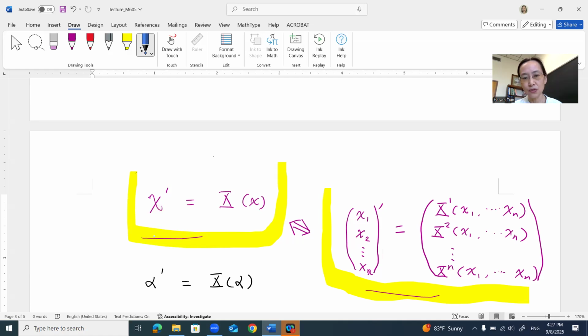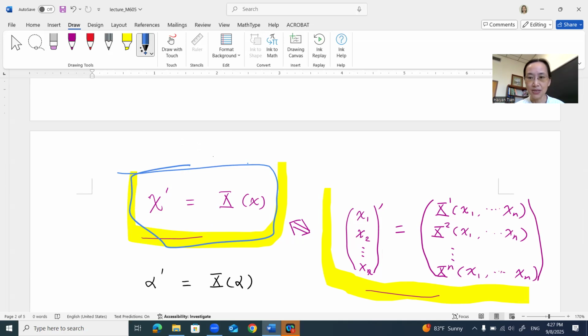Alpha also has to be in the domain of the capital X. Otherwise, this alpha does not make the problem a meaningful problem. On top of that, alpha has to make the left-hand side equal to the right-hand side.